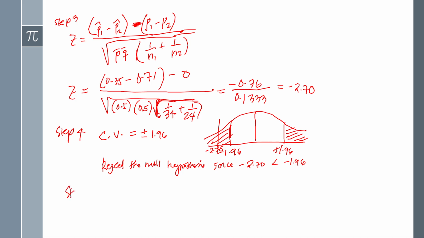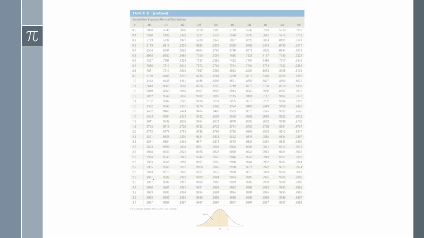And step number 5, we have to summarize the result. Since we have rejected the null hypothesis, there is enough evidence to support the claim that, okay, what is our claim?